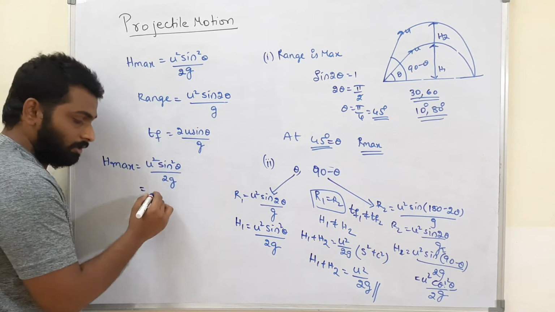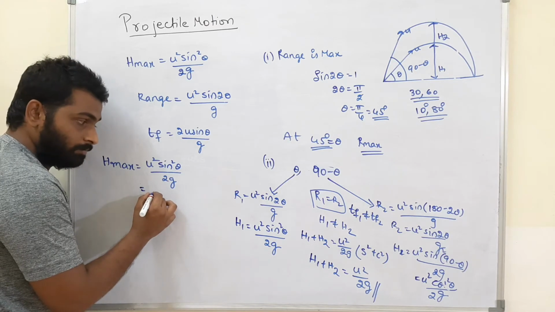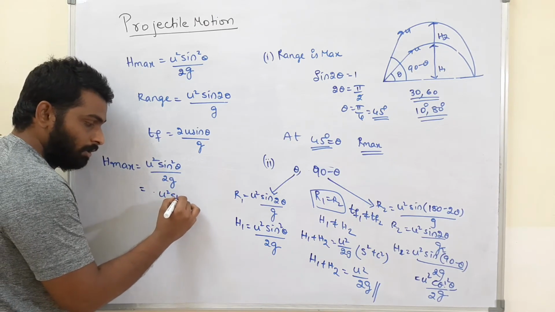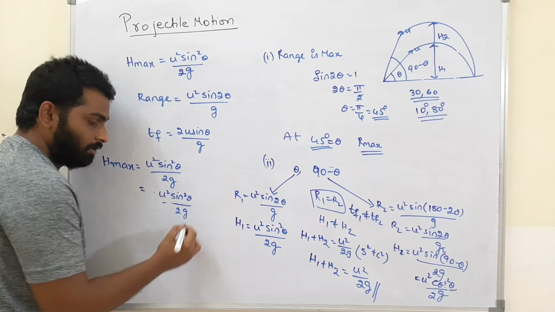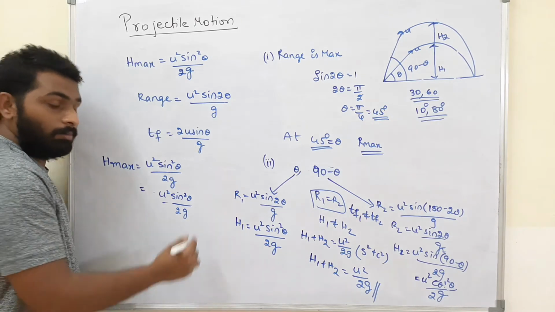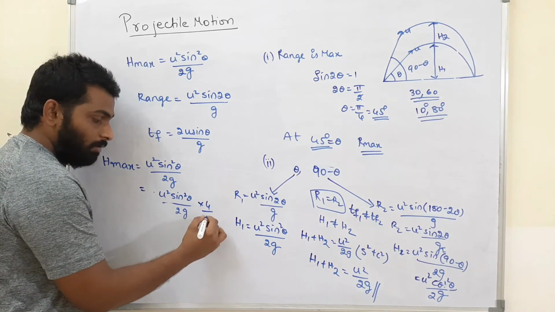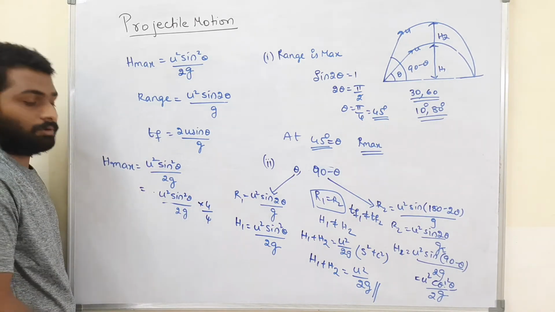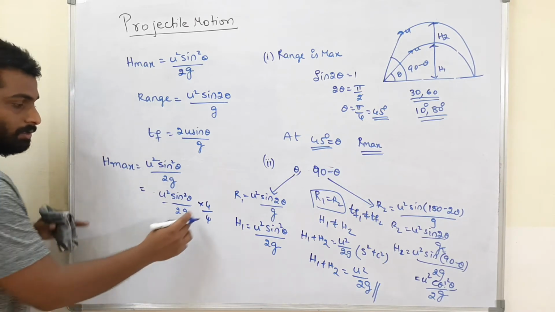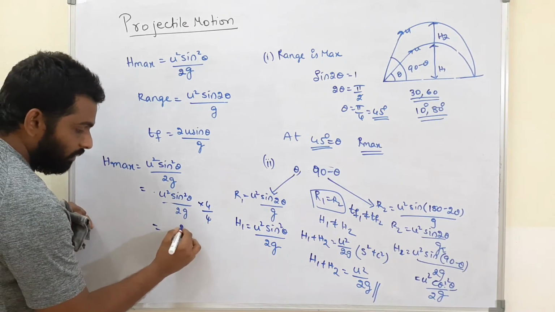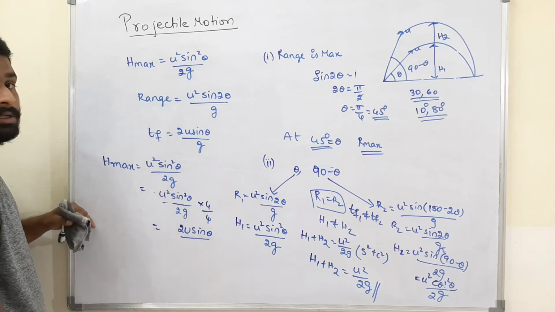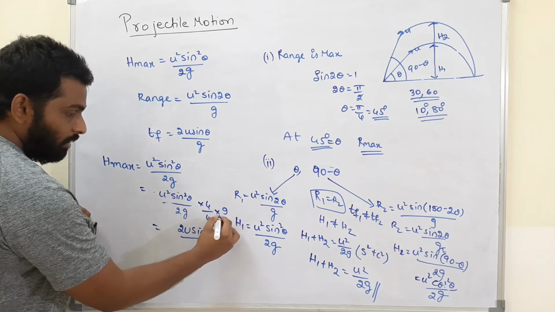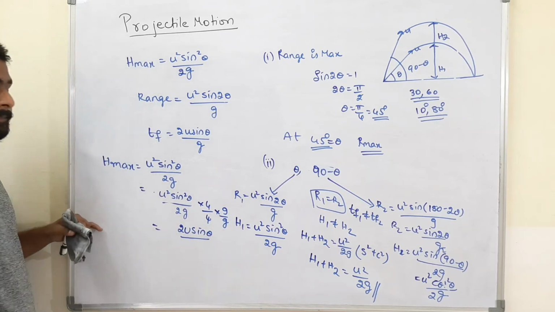Keep it here. What you will get? u square sine square theta by 2g. Right? I am multiplying with 4 and dividing with 4. Now how can I write this? That is 2u sine theta by g, I am multiplying with g and dividing with g.